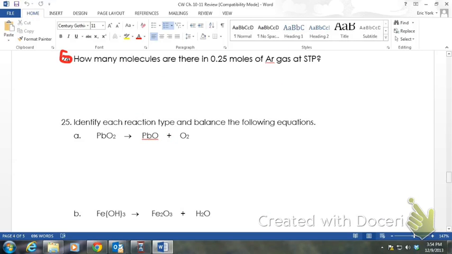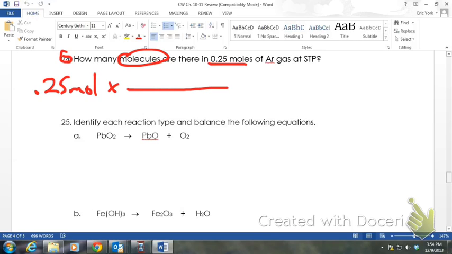Next question, number 24. Problem gives us 0.25 moles of argon gas at STP, and it's asking for molecules. So we just simply have to do a single conversion from moles to molecules. So we write 0.25 moles, that's what we're starting with, set up our conversion factor. We're wanting to convert this into molecules.